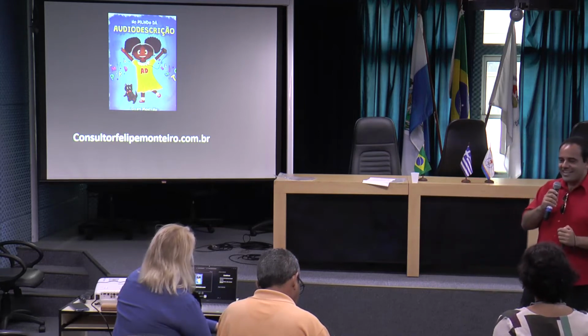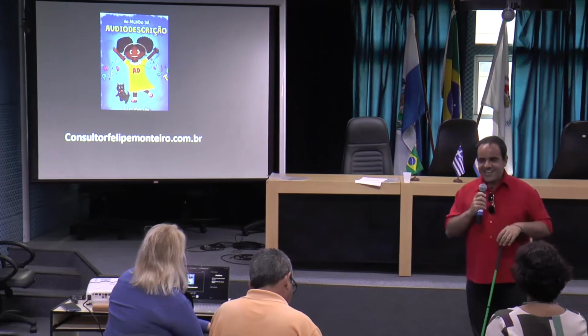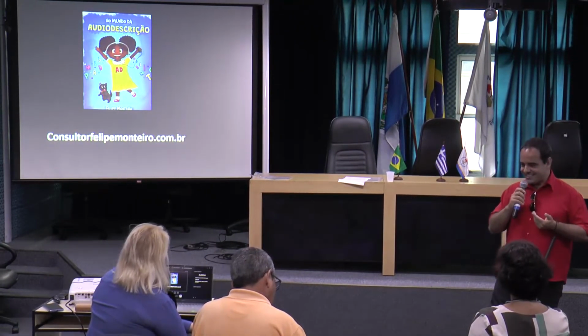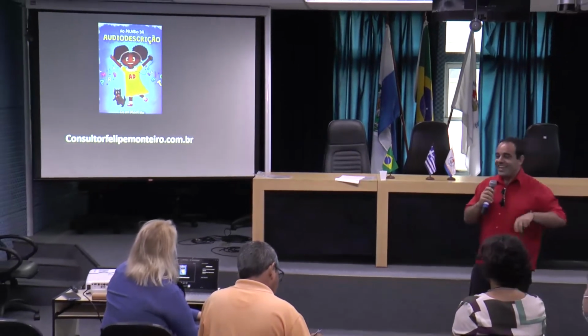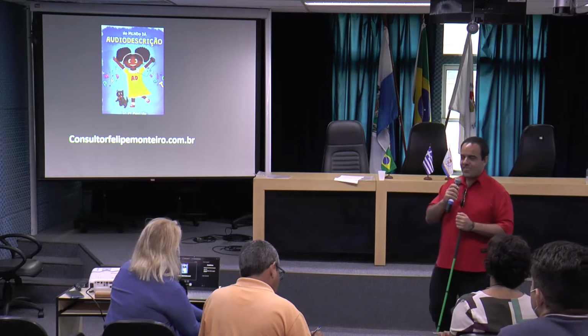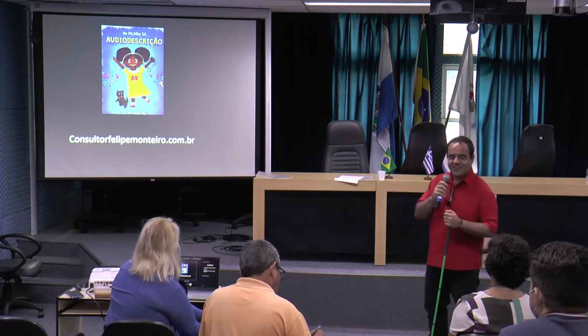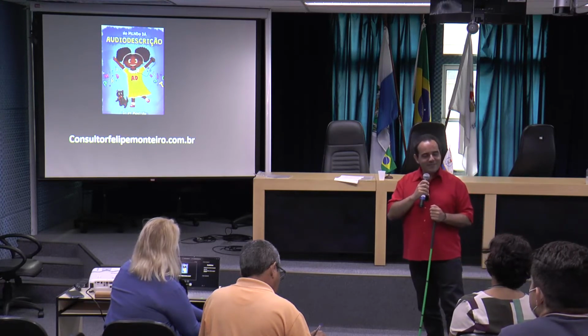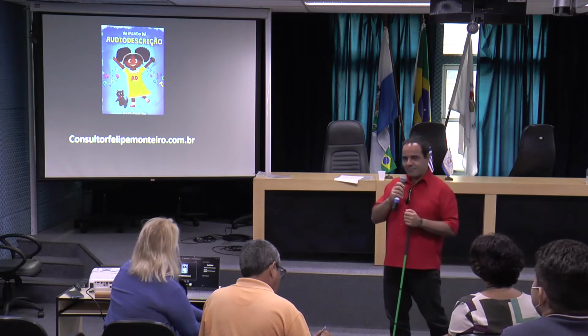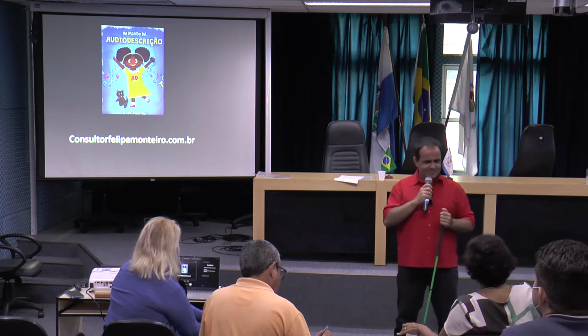Isa is wearing a yellow dress with letters in red, A and Z, for audio description. Okay. Next, there is a dog. Her dog is called Dinâmico. Dinâmico has three paws.